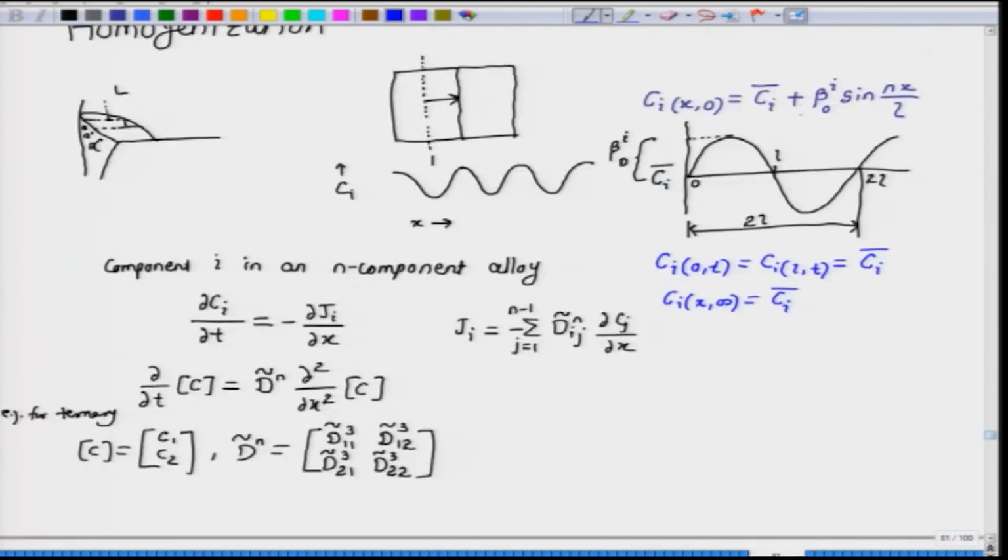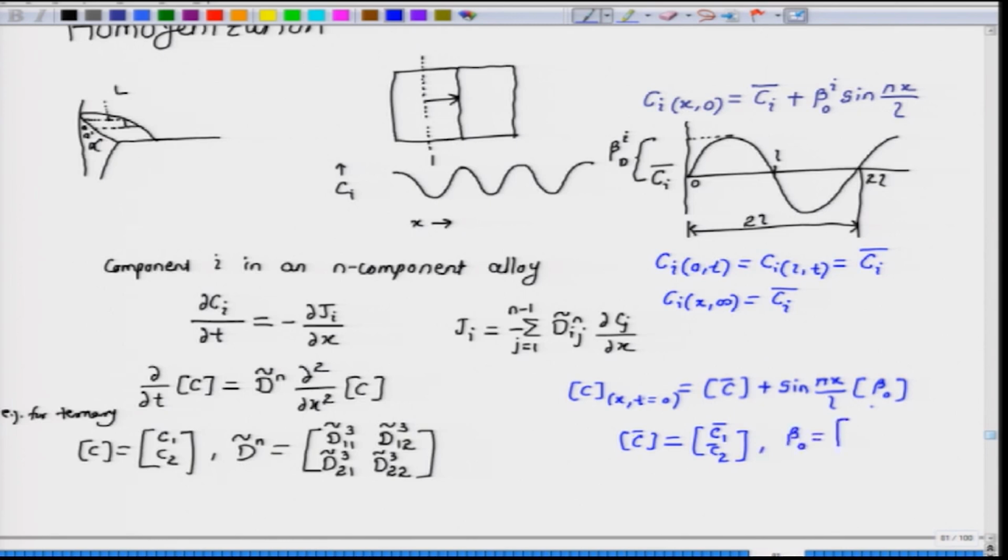So, if we write this initial condition for each of the components, and if we write them in the matrix form, we can write the matrix of C at any x at t equal to 0 should be equal to C bar plus sin(pi x by L) times matrix of beta 0, where C bar, if we expand for a ternary system, should be C1 bar and C2 bar, matrix of the average concentrations of components 1 and 2, and beta 0 is the column matrix of amplitudes of component 1 and 2, which we denote as beta 0 superscript 1 and beta 0 superscript 2.